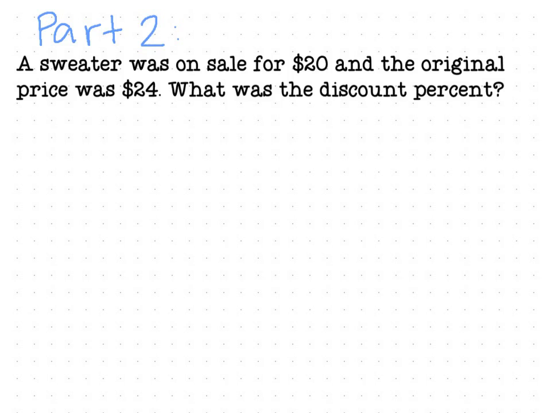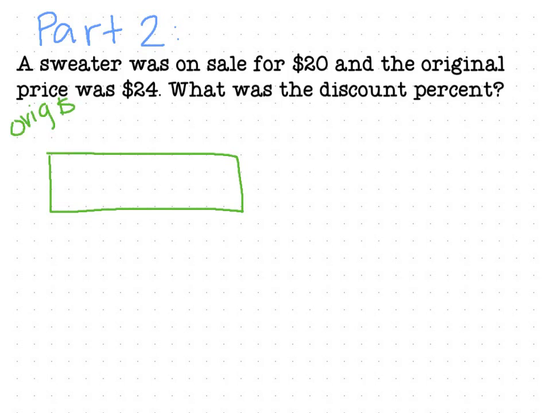Here is part 2 of our notes. We're going to solve a tax, tip, discount problem using our bar model. So here's the first problem in your notes. A sweater was on sale for $20 and the original price was $24. What was the discount percent? So we can go ahead and set up our bar model. And remember, on the top is all of our original information.